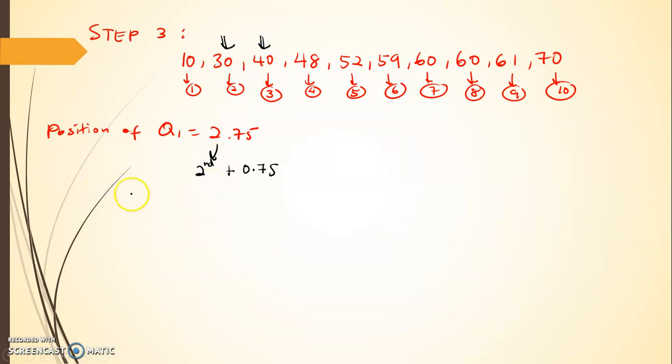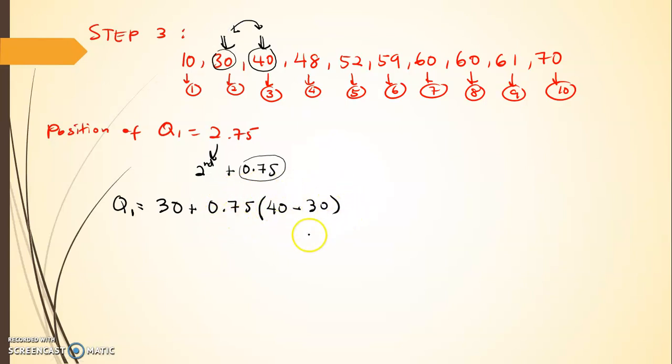So our Q1 value is equal to 30, because this 30 is located on the second position, plus, since we need another additional position of 0.75, 30 plus 0.75 multiplied with the difference between these two values, the third position being 40. So the difference between 40 and 30, so 40 minus 30.